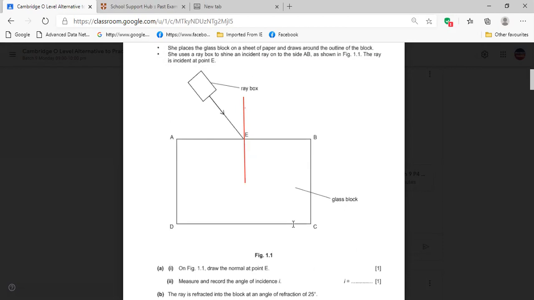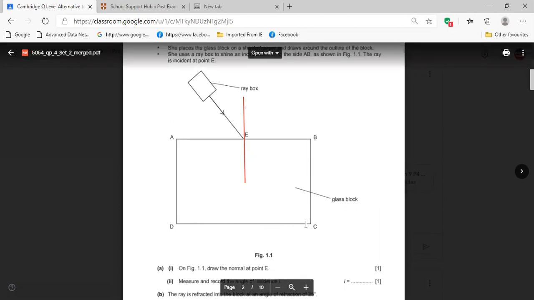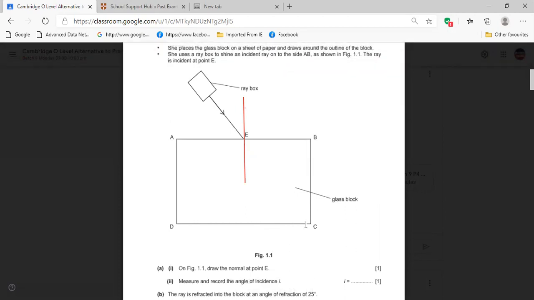The refracted ray will continue till CD, and where the refracted ray intersects CD, there you will label F. Is it clear? Yes, sir, clear. Okay, so do it, complete it.